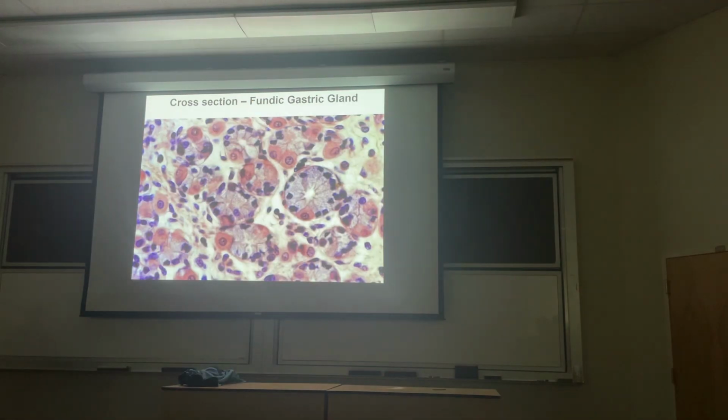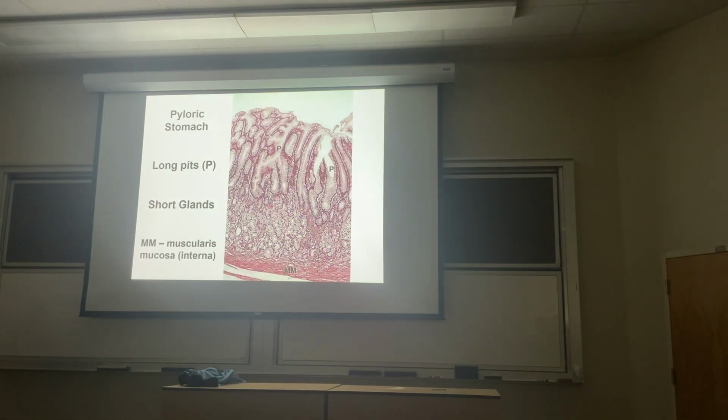The pyloric stomach goes much further. They still have the mucus secreting cells here. But if you look here, you could see an occasional parietal cell, but they're much, much less. They're mostly mucus secreting cells with some chief cells.